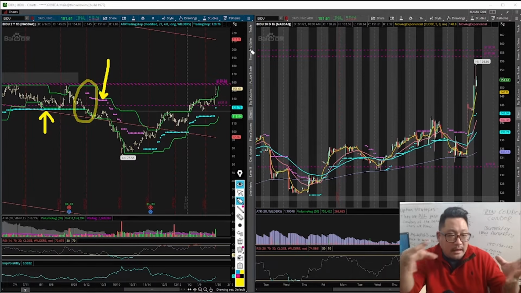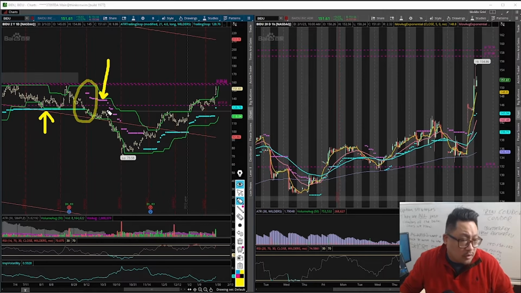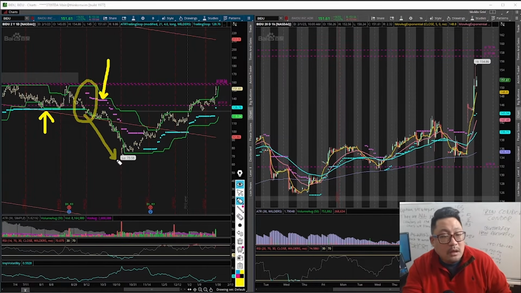So notice how at that moment we went from blue to pink. That was right around, let's say, $120. Since that shift, it went from $120 down to $73.58. The time frame, about 4 to 5 weeks.